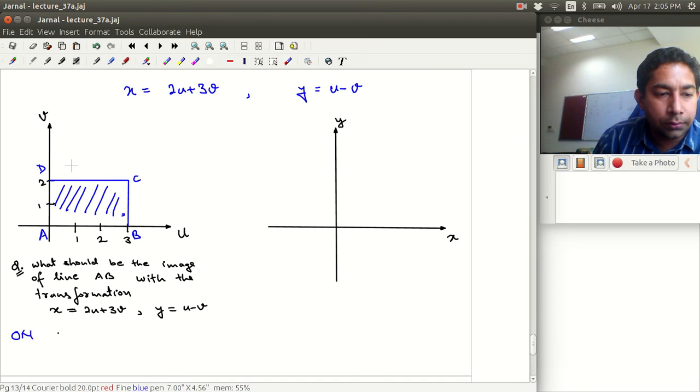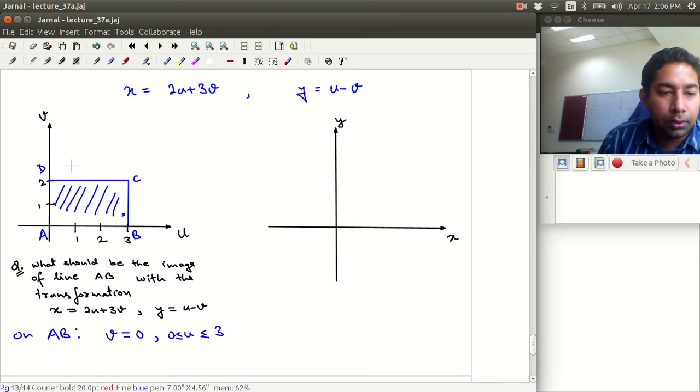So on AB, we know that v is identically 0 and u is in between 0 and 3. So what you do is look at the formula for x and y, replace v equal to 0 and u going from 0 to 3, and let's see what happens.